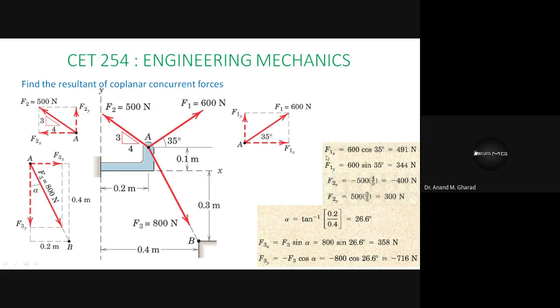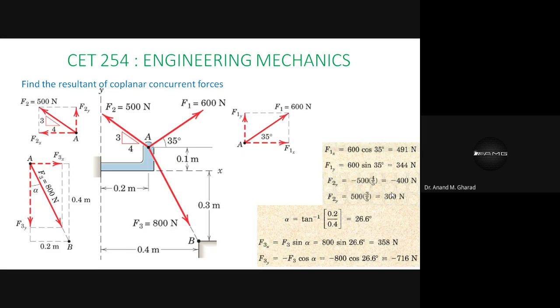So summation of force in x direction will be F1x plus F2x plus F3x. However, the magnitudes are positive, but in the case of F2x, the direction is negative, so we need to take care of that. I hope you must have found the values for summation of Fx and summation of Fy.